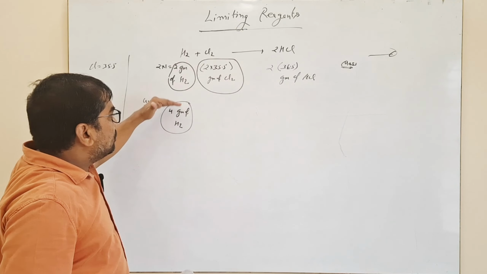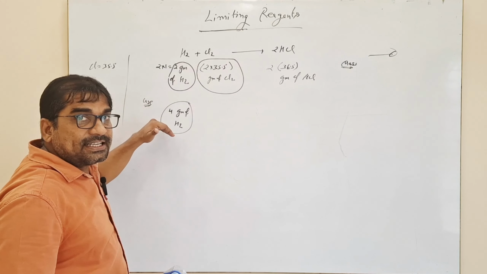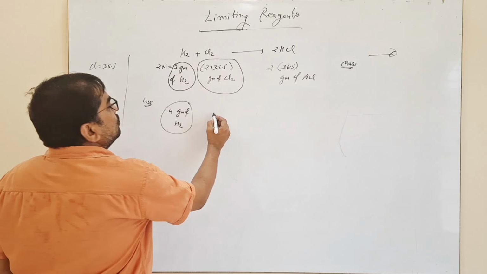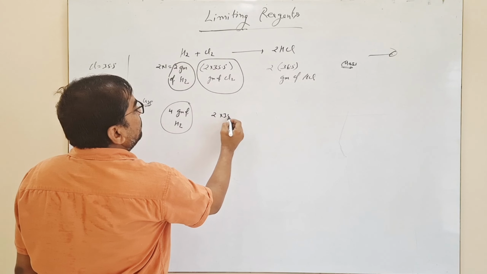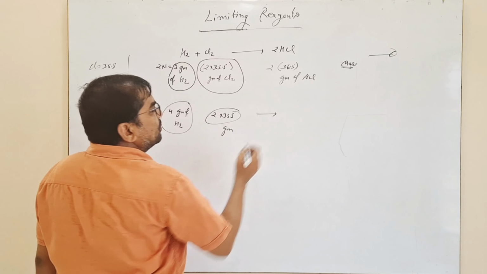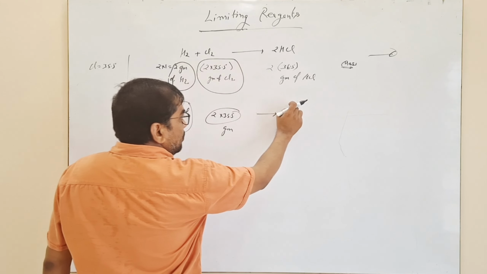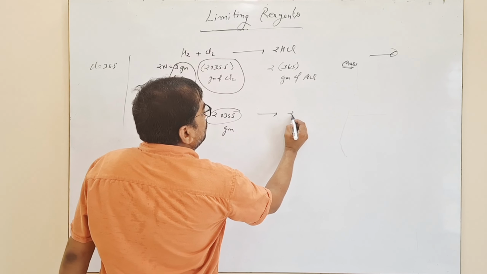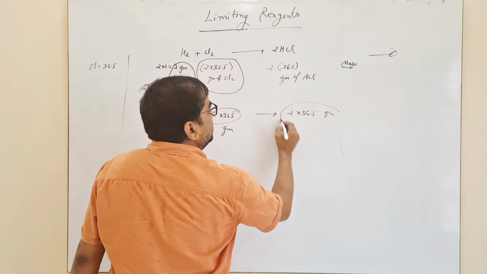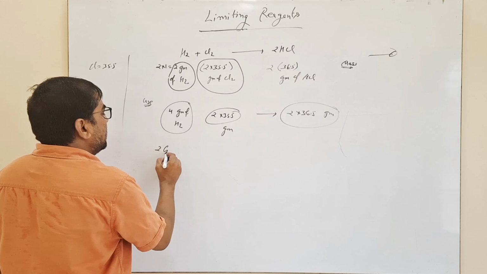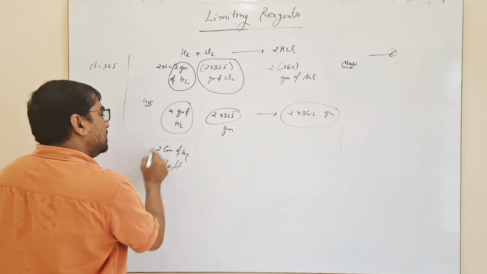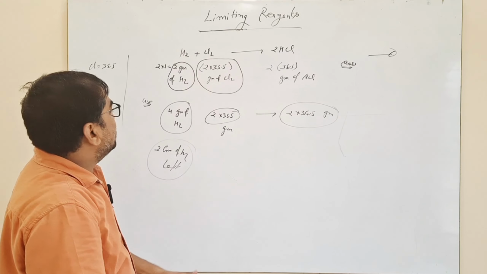But if hydrogen is used in excess while the chlorine remains the same, that is 2 into 35.5 gram, then what will be the product? The product formed will be 2 into 36.5 gram only, and 2 gram of hydrogen will be left in the container.